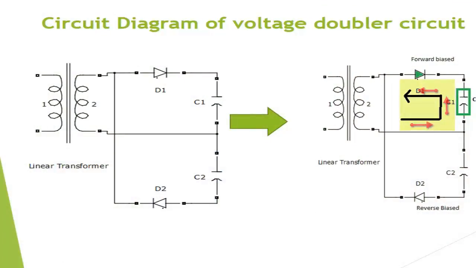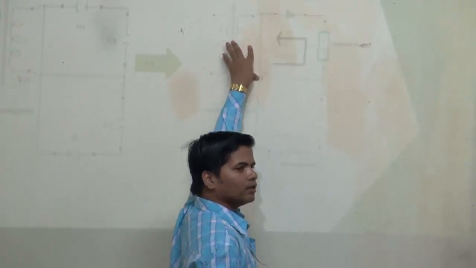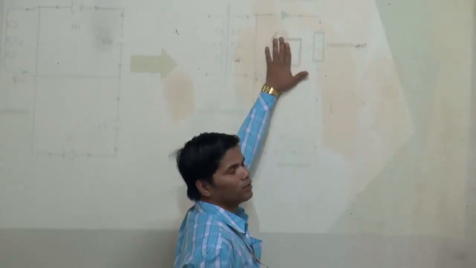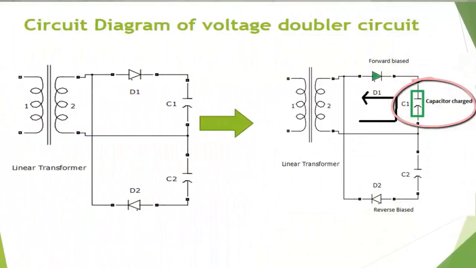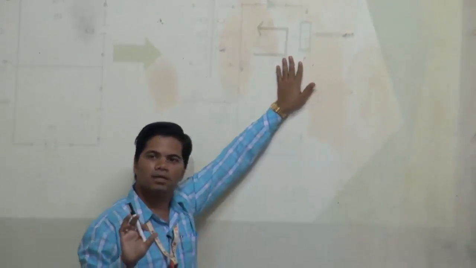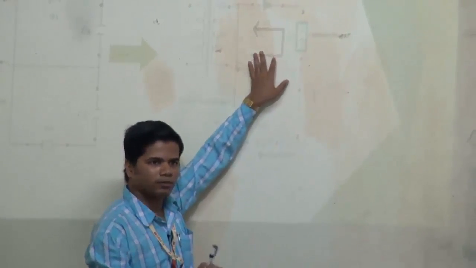The energy will flow through this diode and charge the first capacitor. Clear? So in the first half cycle the capacitor C1 is completely charged.